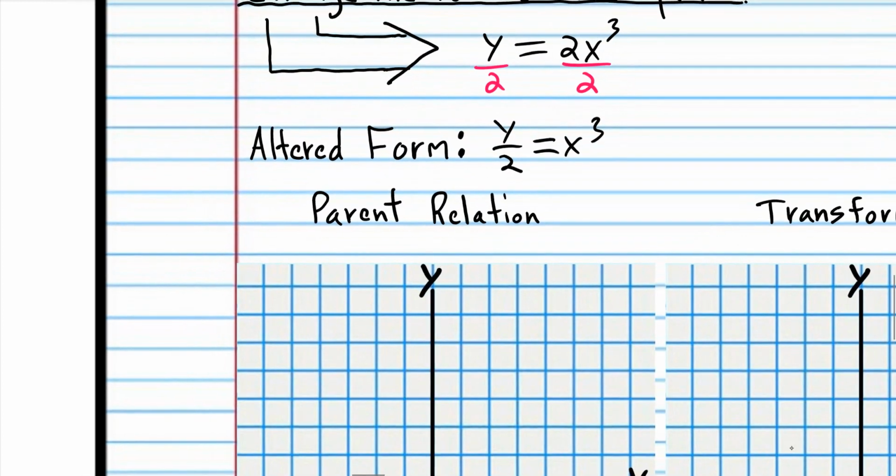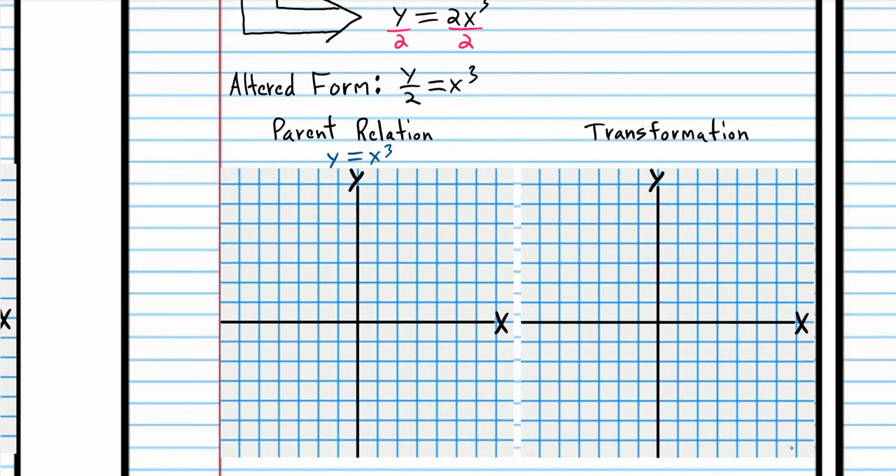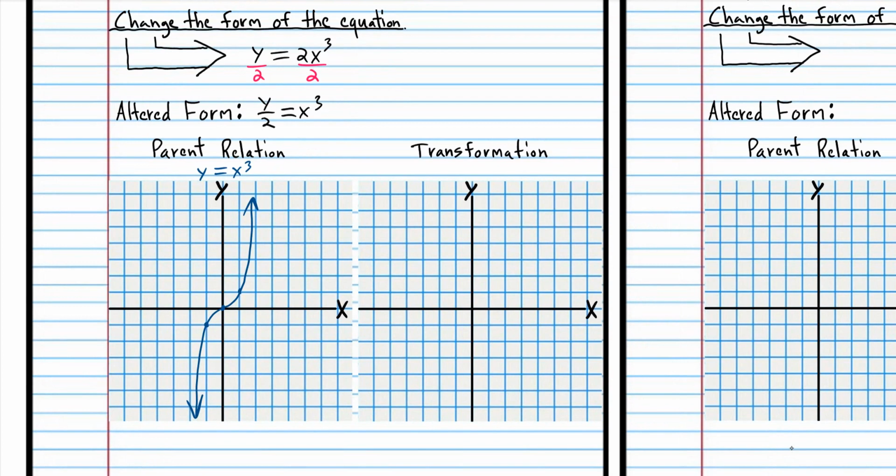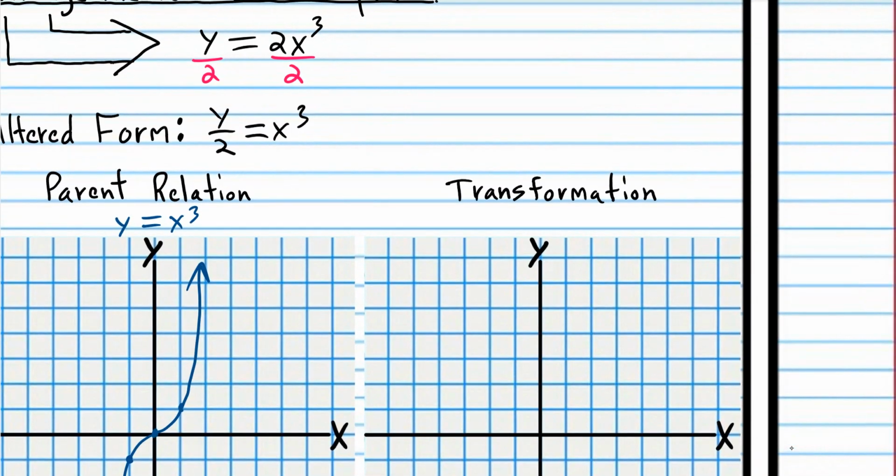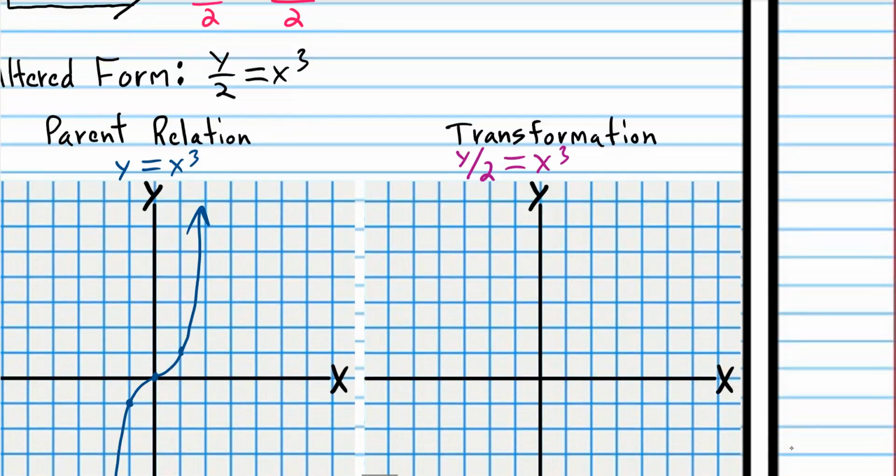Alright, so the parent equation is obviously y is equal to x cubed. It's the cubic relation. So you have your reference points on your library of relations. That's what the graph looks like, but we are going to graph y over 2 is equal to x cubed.